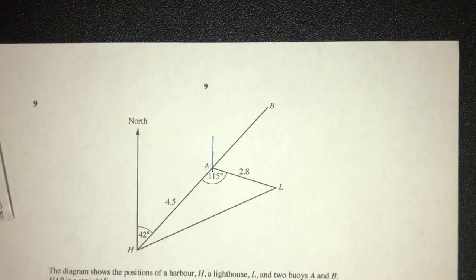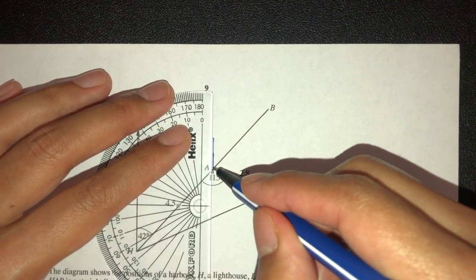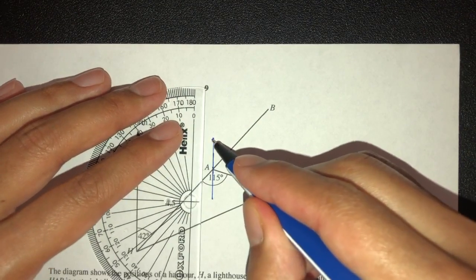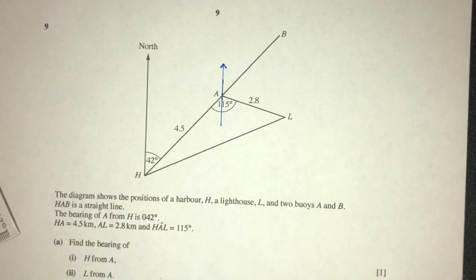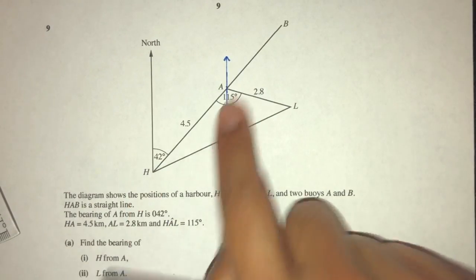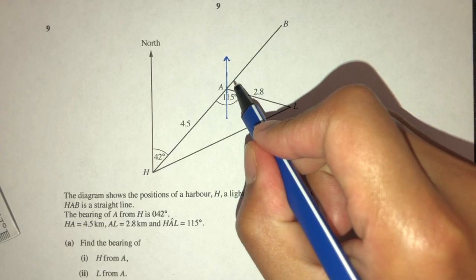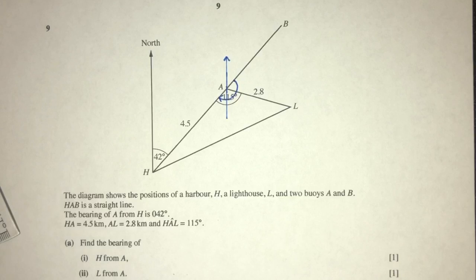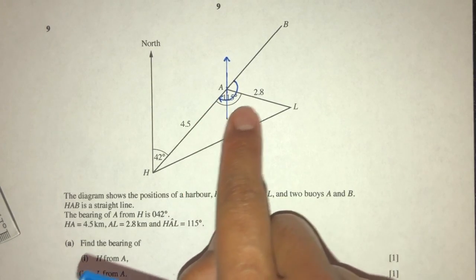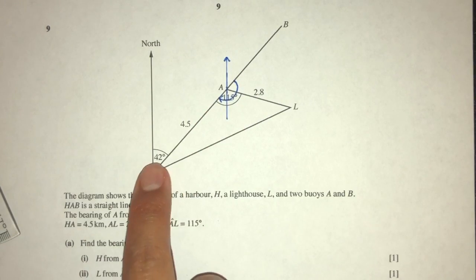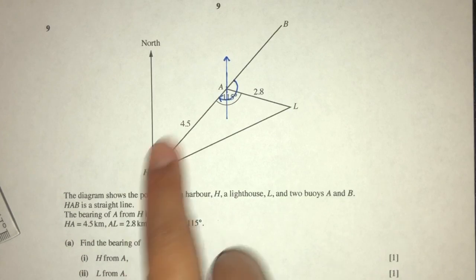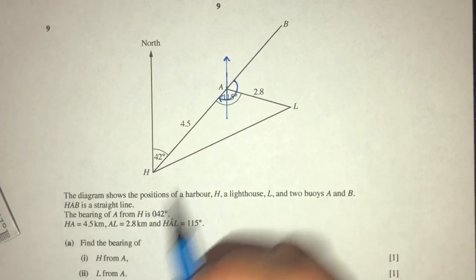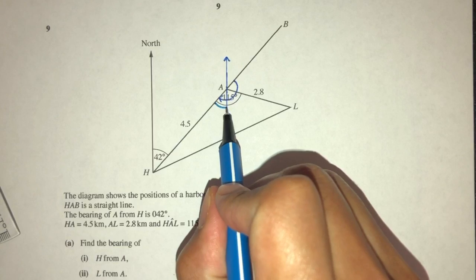So, what are we trying to find? Let me continue this so we can find something to help us. This is the north line. Now we're trying to find the bearing of H from A. So from A, we are trying to find this whole angle here. Right. Now we know this is 115. Now by looking at these two lines, we realize that this and this are the same.